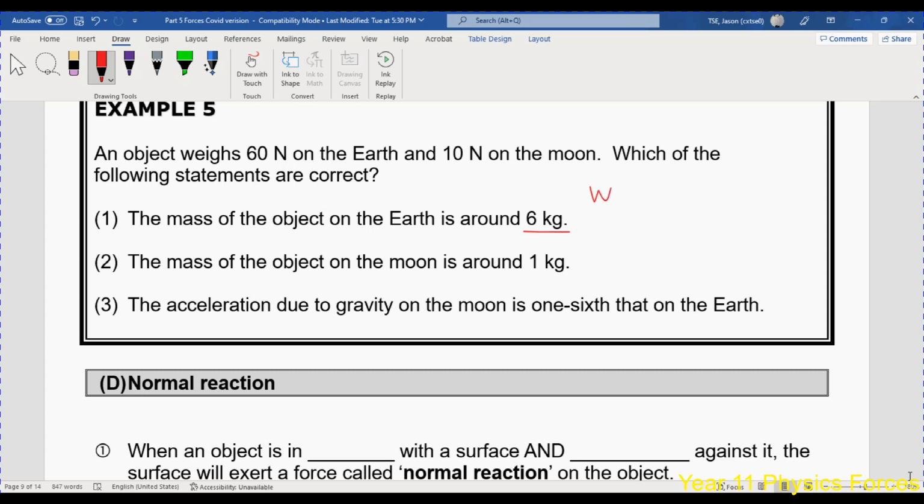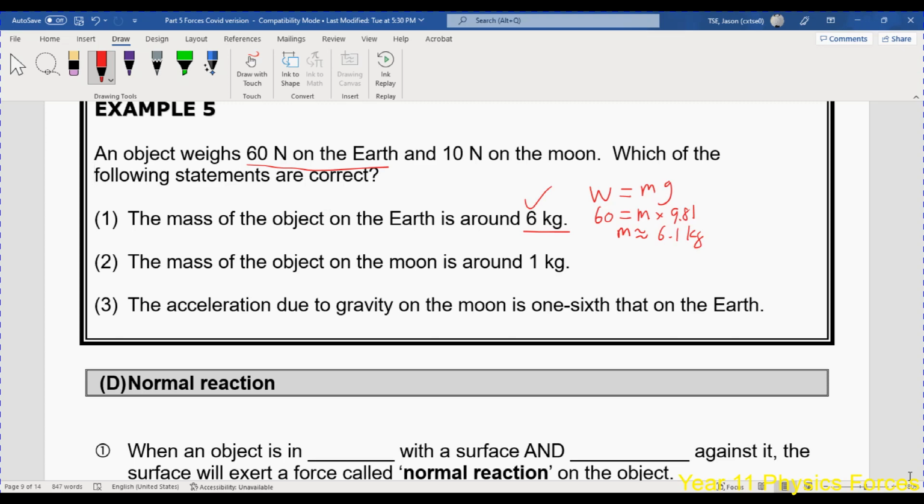So on the Earth it's 60 Newton. Mass we don't know, but on the Earth we know g should be 9.81. So if you use your calculator, it's 6.1 something. So it's around 6 kilograms, fair enough.